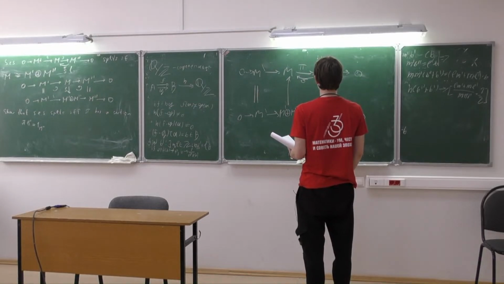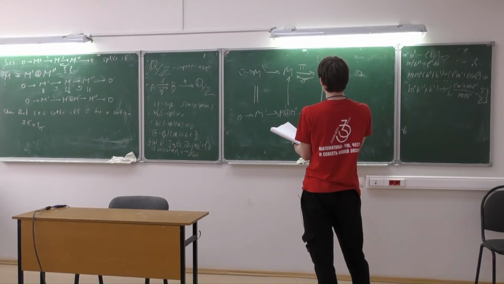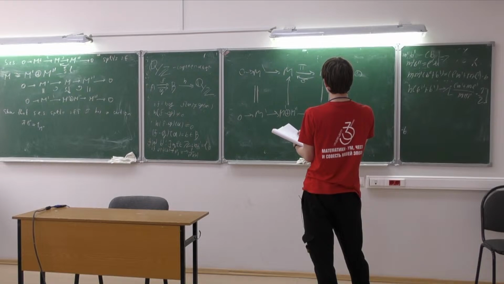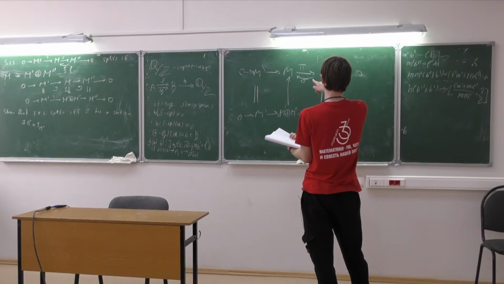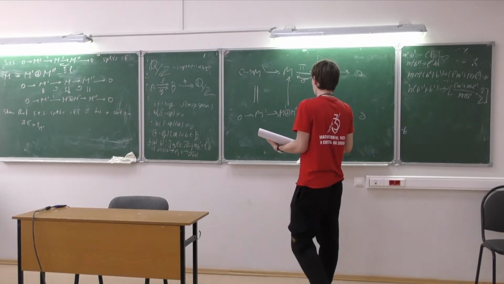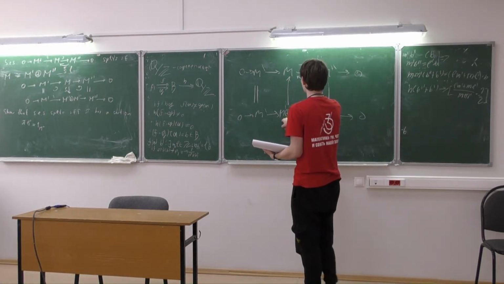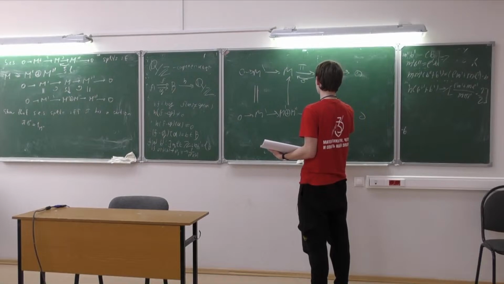But because this is a direct sum, we have a map.